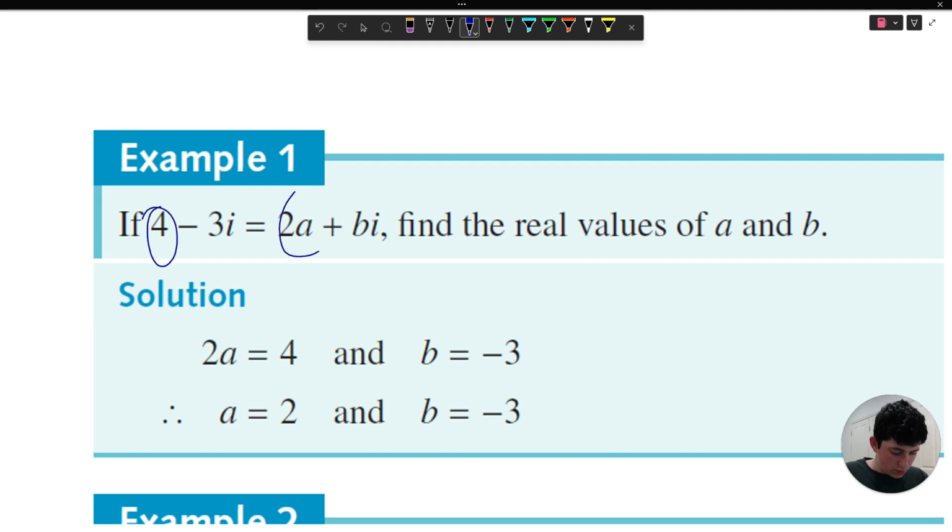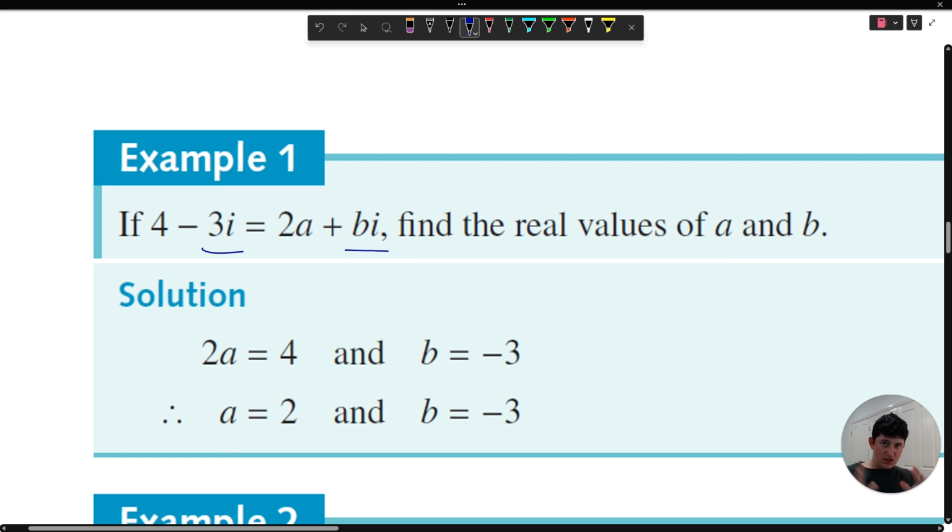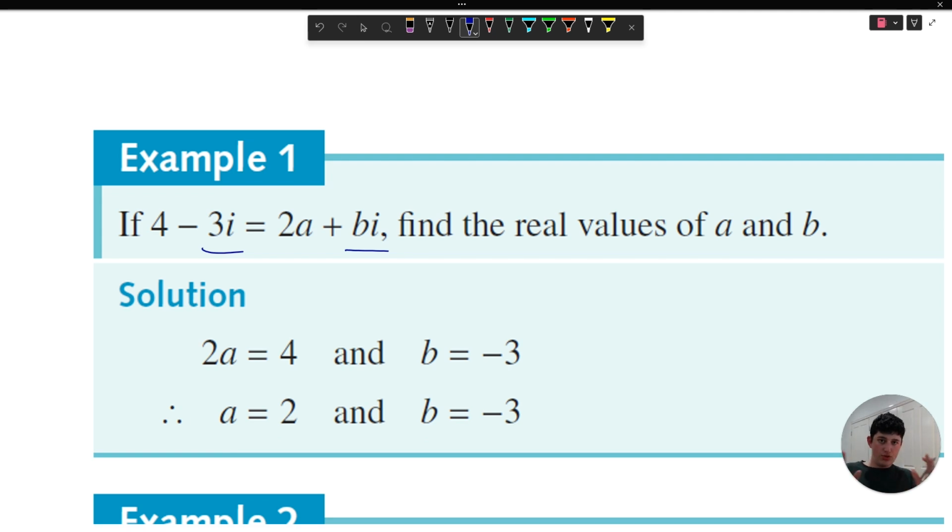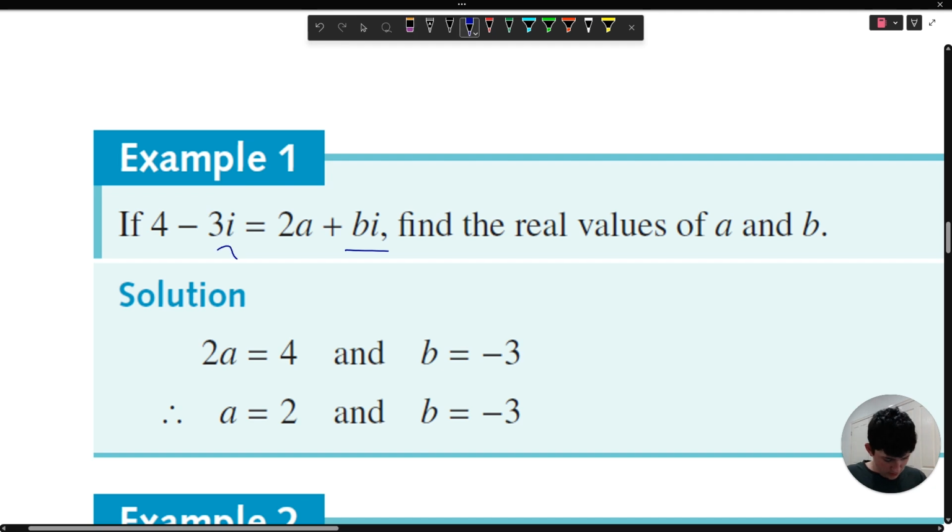You see the two real portions of the equation go together to form a equals 2. Then -3i equals bi, and b equals -3. So we pair the imaginary part and the real part of the equation to form and solve these equations.